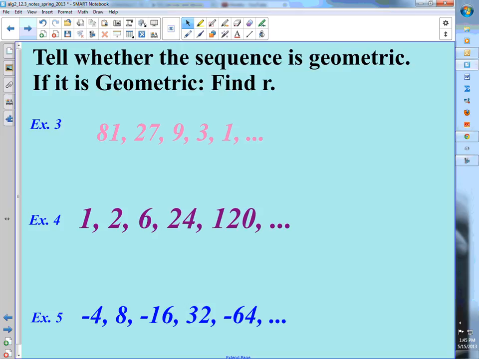You can even say, am I dividing by the same thing? And as long as the answer is yes, you can say, okay, it's geometric. But how you determine r has to be with the formula. Pick a term, divide it by the previous term, and find that ratio. So go ahead and try these.